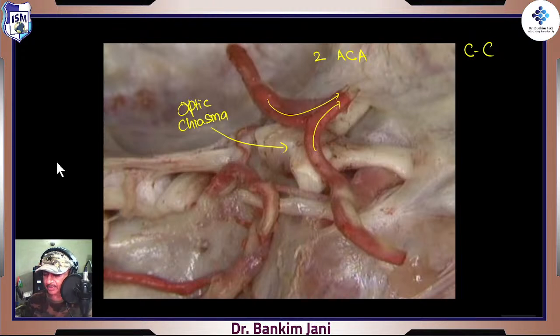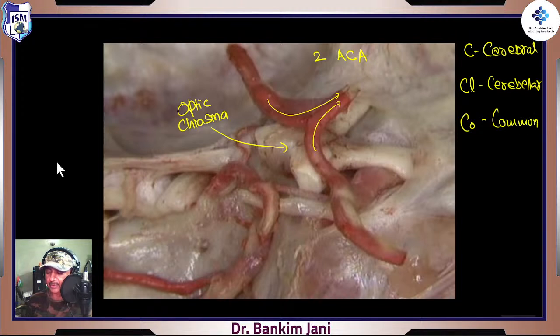When it comes to cerebellar, we'll write CL as cerebellar, right? And when it would be communicating, now we'll write CO as the communicating branches, right? So that way there won't be any confusion.